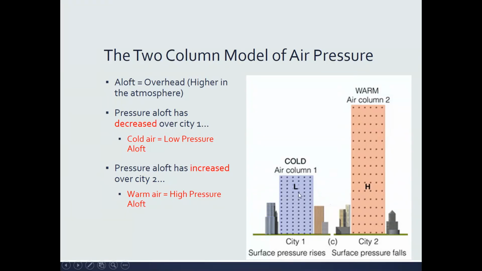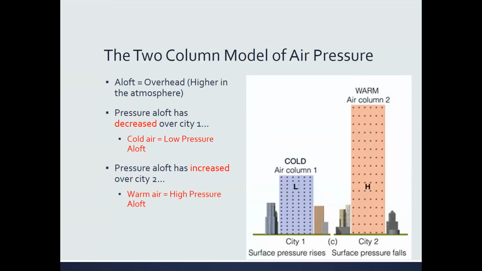And again, this simply happens because at this arbitrary height, there's fewer air molecules above you in column 1 because column 1 shrunk, and more molecules above you in column 2 because column 2 grew.